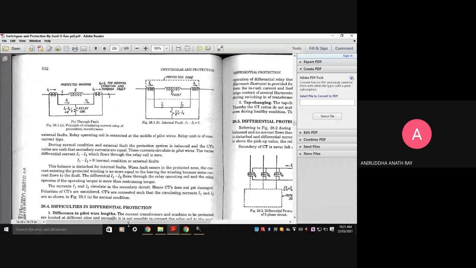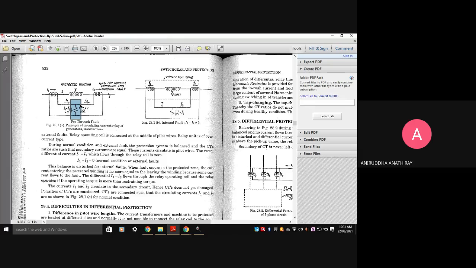Now, as you can see in the figure, this is the relay operating coil. This relay operating coil is connected in the middle of the pilot wire. This relay unit is of the overcurrent type.